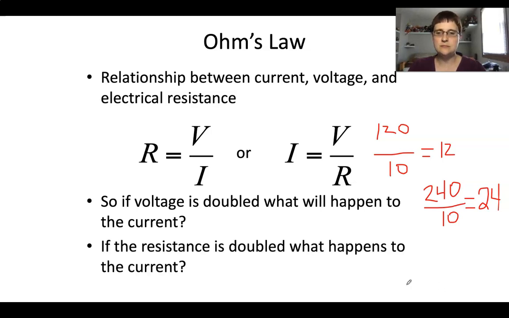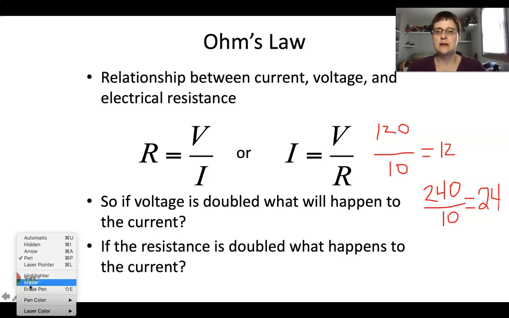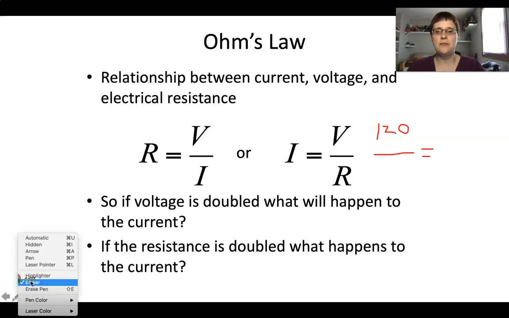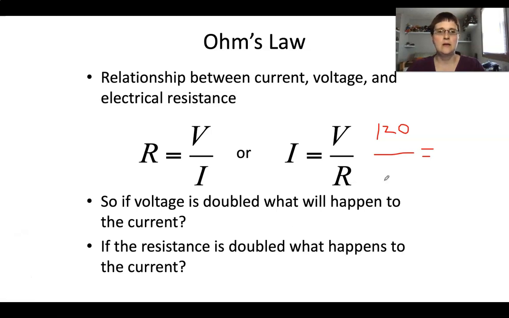Okay. And what if the resistance is doubled, what happens to the current? So let's grab the eraser. We use the same problem. Oh, I meant to leave the 10.